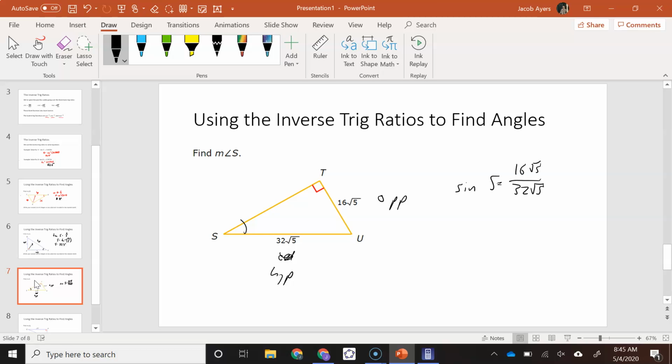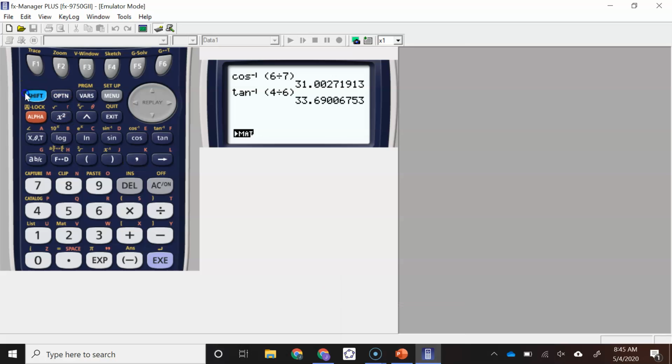And for the ease of punching into a calculator, I might just cross these out, one on top, one on bottom. So S is equal to the inverse sine of 16 divided by 32. I'll just hammer that into the calculator real quick. Shift, inverse sine, parentheses, 16 divided by 32, 30. So exactly 30 degrees.